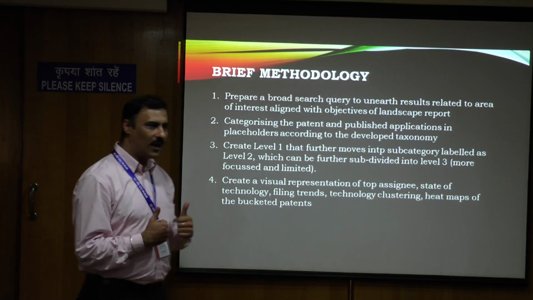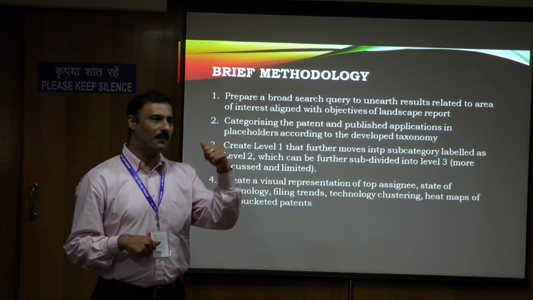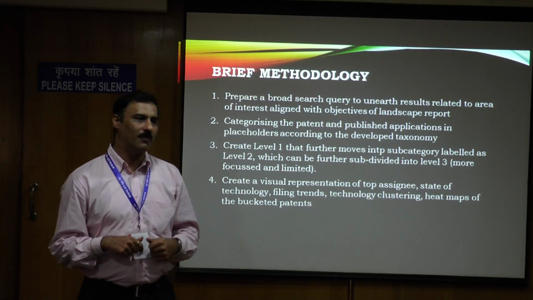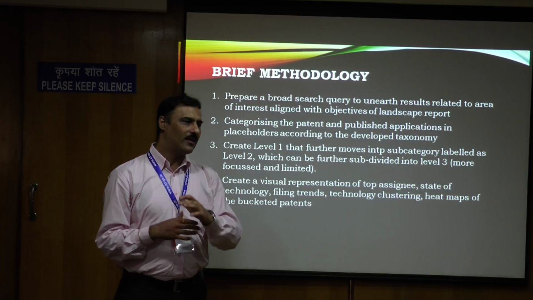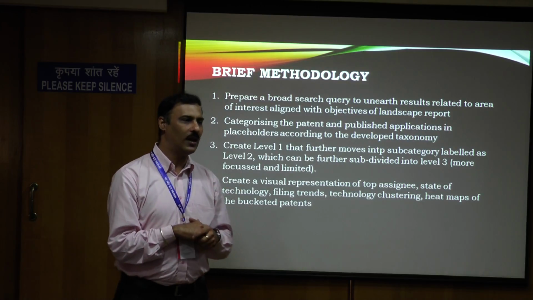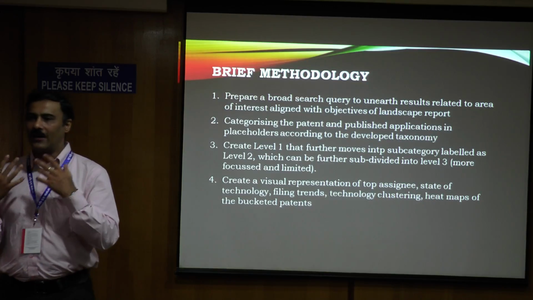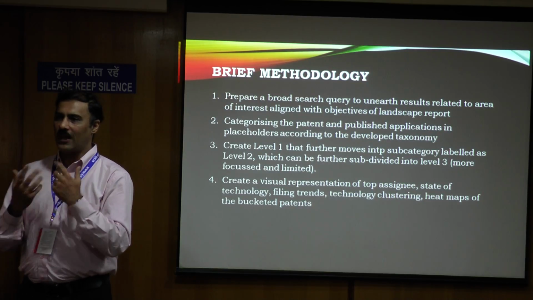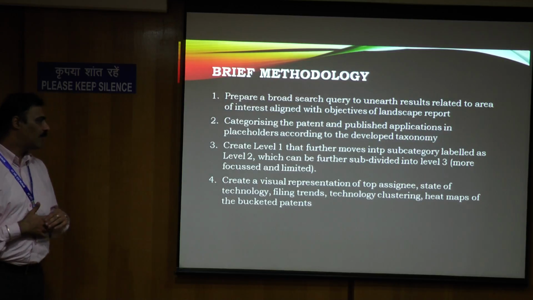Third level, within security, what kind of enablement I am using, is it packet security, is it IPv6. So you can go to the nth level; it all depends upon how much money and time you have to do a landscape. What does your client want you to do, how much time has he given? The levels of taxonomy are decided by these.